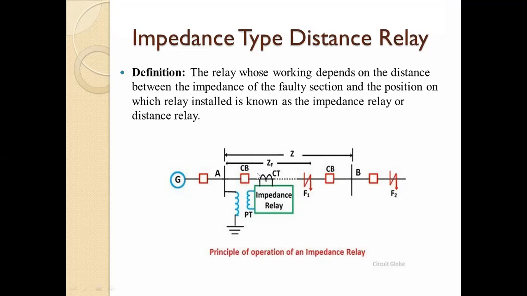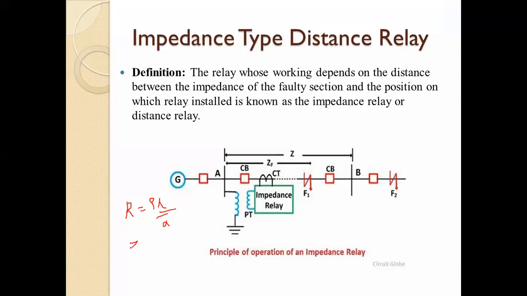And why is it shown at a particular length only? Because in the last lecture we have seen that we know the equation for R. This R is equal to rho L divided by A, right? This is our general equation when we are using a DC circuit. R is equal to rho L divided by A, means this resistance is directly proportional to the length.